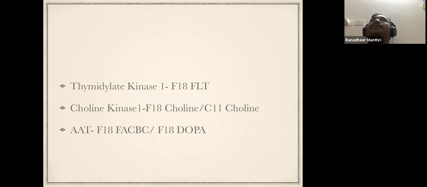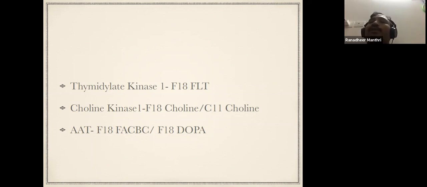Amino acid transporters: what I already spoke about, DOPA, that is dihydroxyphenylalanine, in brain tumors is because there is overexpression of amino acid uptake. So AAT, amino acid transporters, are overexpressed in tumors because they are needed for protein synthesis. For the cell to divide, it needs choline, it needs DNA, and it needs amino acids.